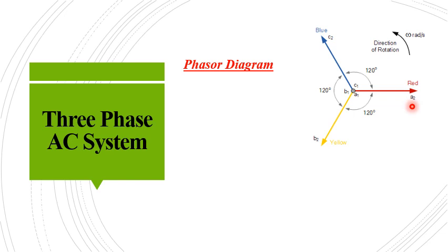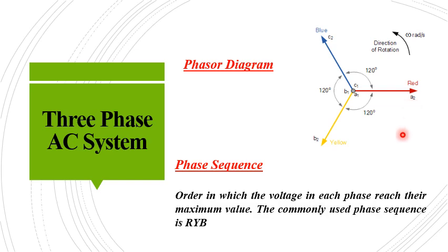Now the commonly used term in this 3-phase AC system is the phase sequence. Phase sequence is the order in which the voltage in each phase reaches its maximum value. Looking at the above phasor diagram, the phasors rotate in the anti-clockwise direction, and a phasor has its maximum value when it is vertically upwards.